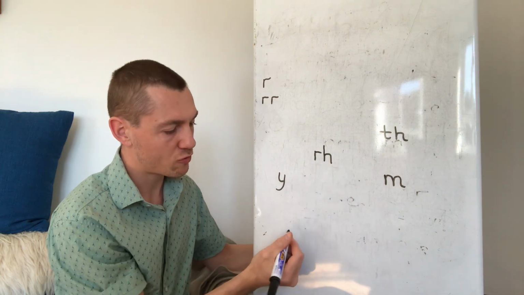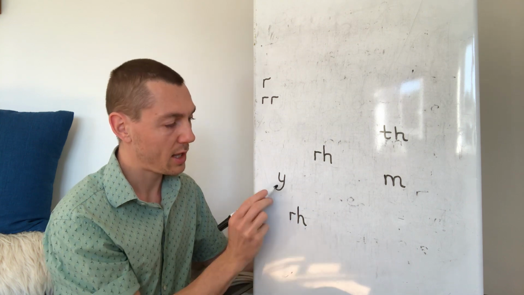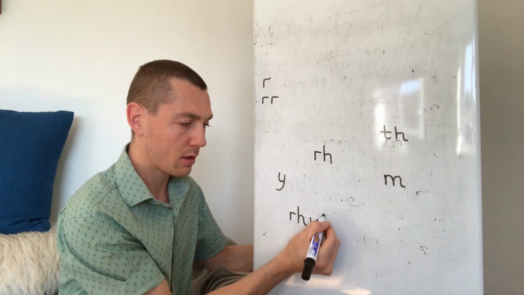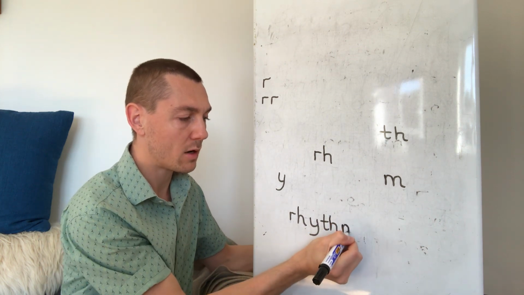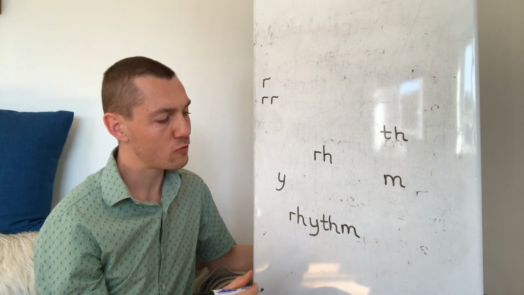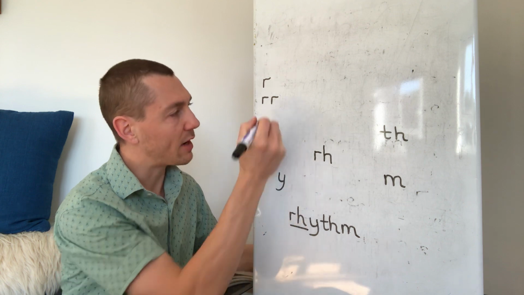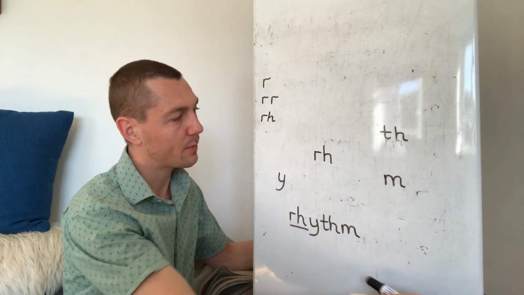And we say r, i, the Y spelling of I, th, m. Rhythm. And we have the RH spelling in rhythm.